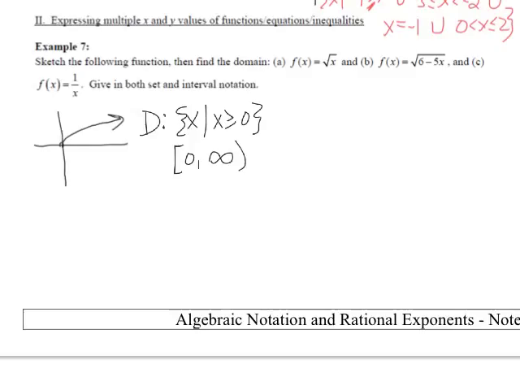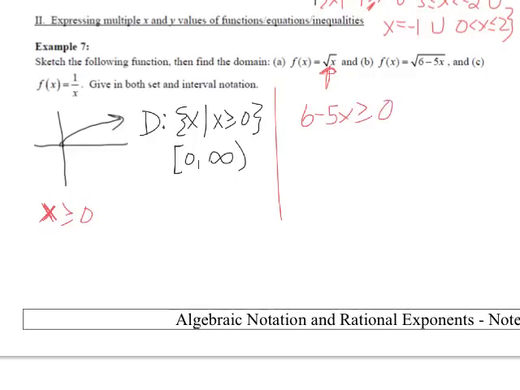Another way we could have figured that out without sketching the graph is remembering that you can only take the even root of a positive number, or 0. So we knew that x had to be greater than or equal to 0. If we apply that to part B, we would say, oh, I know that 6 minus 5x has to be greater than or equal to 0.